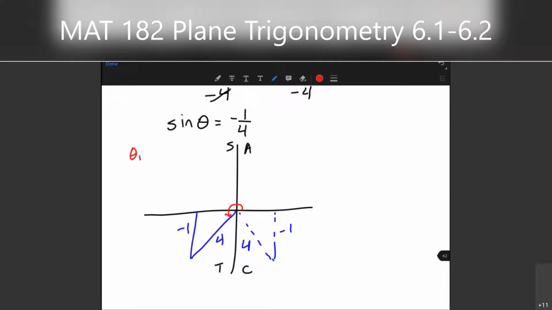And then we have a second angle, let's call it in green, θ2. So two solutions at least in our first cycle of our unit circle. I'd like to solve for those two specific angles. Any questions so far? Everybody tracking with me through the picture?